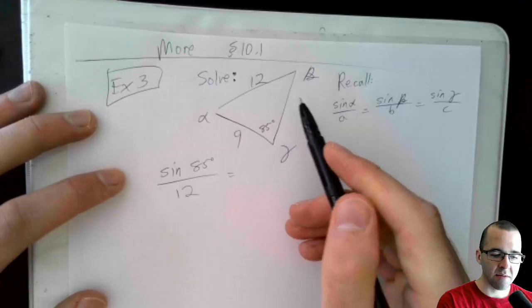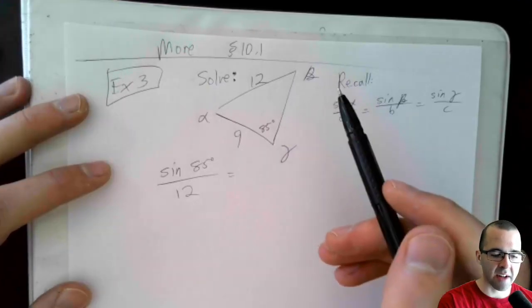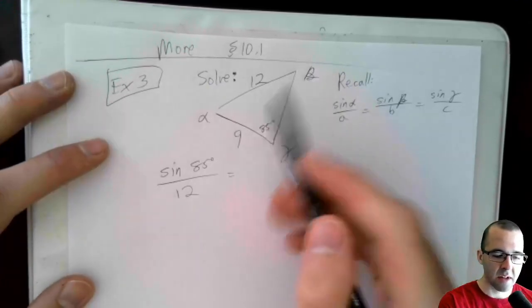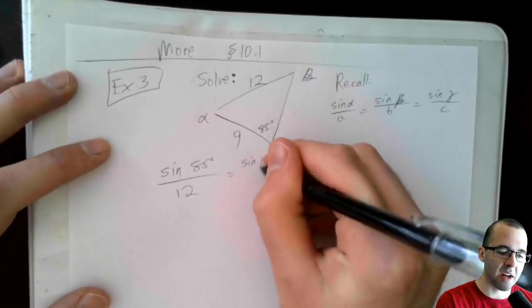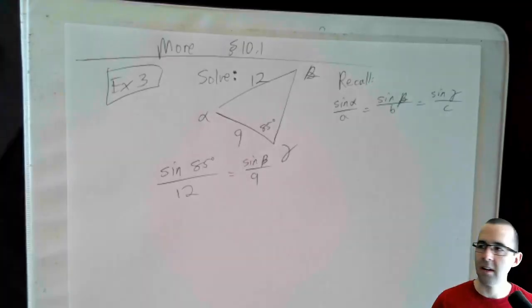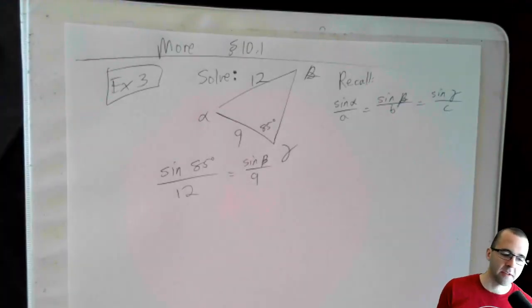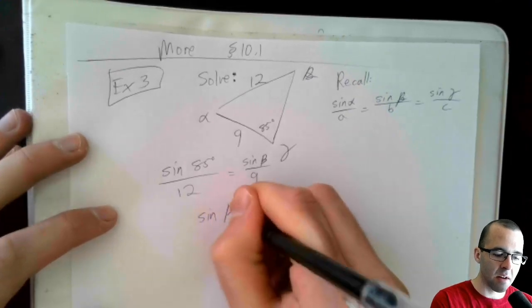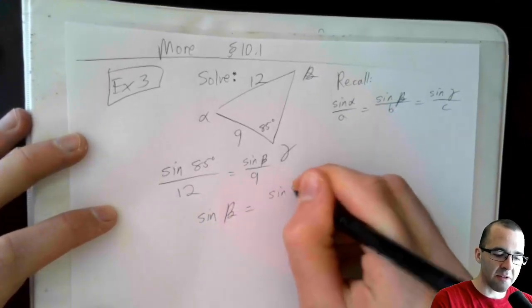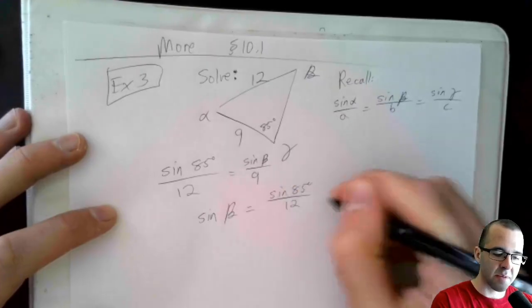And then we need to find something we know and something we don't know. Well, we know this 9, and we don't know its angle. We'll choose that, sine of beta over 9. And we just solve. So multiply both sides by 9. You're going to get sine of beta equals sine of 85 degrees divided by 12 times 9.